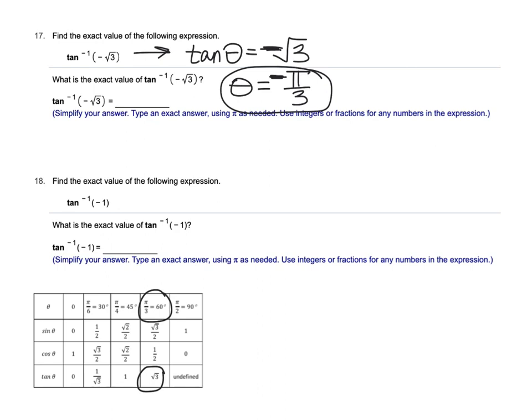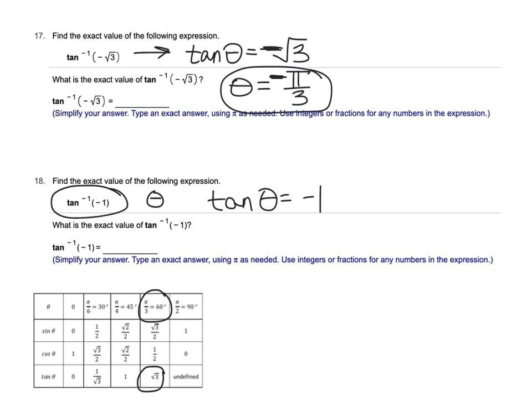Let's look at 18. With the tangent inverse, we just know my answer is going to be a theta. When you see inverse, like tangent to the -1, and remember, you could see it written as arctangent, that's the same thing. You know that my answer is going to be some kind of angle. So let's rewrite it: the tangent of theta equals -1. Let's come down to our chart.